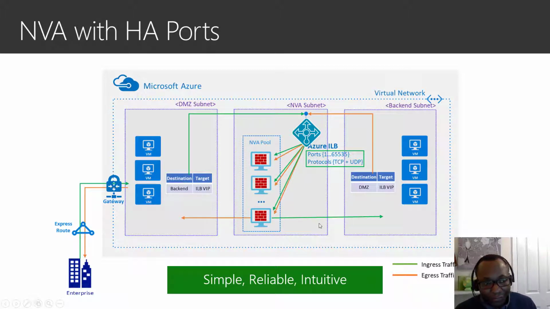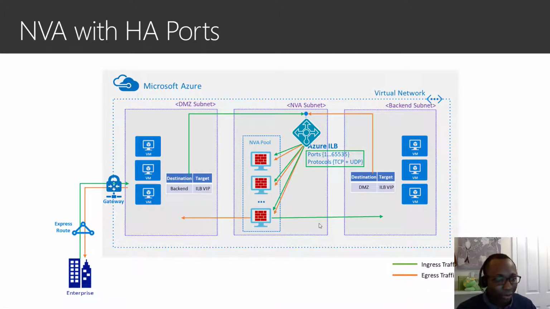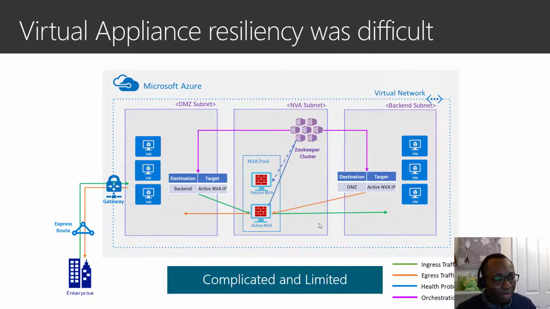But again, one of the things that this new standard load balancer brings to us is something called HA ports. Apart from this complicated method of achieving resiliency, if you wanted to load balance across multiple ports with the former load balancer, you had to do it port by port.